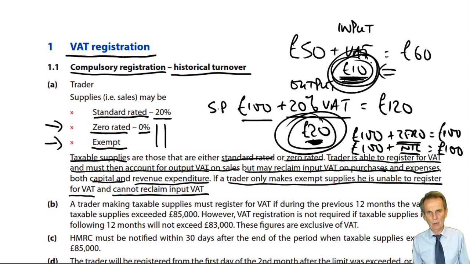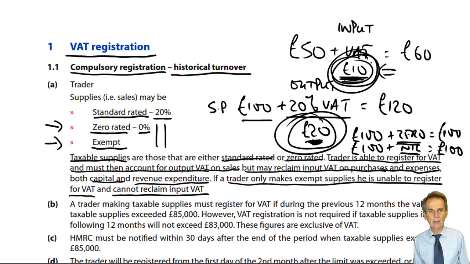But if that input is directly attributable to an exempt supply, an exempt sale that we make, then we are unable to recover the input VAT. So think what that would mean.